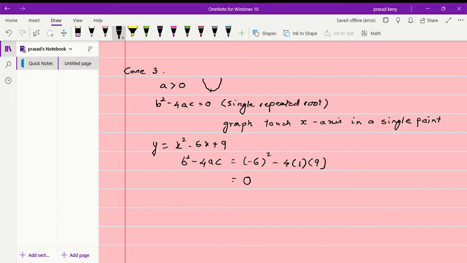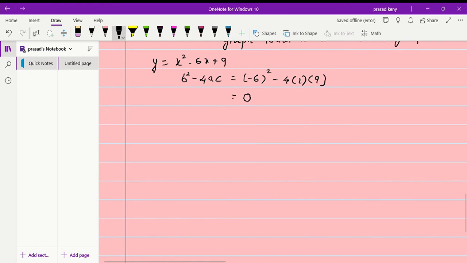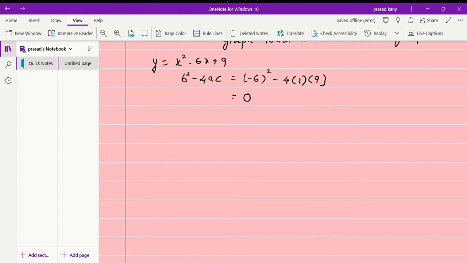That means this quadratic equation has a single root and the graph will just touch the x-axis, or in other words, the x-axis will be the tangent to the graph. There will be a single point in which the graph will touch the x-axis. It will not intersect. So let us see the graph of that.